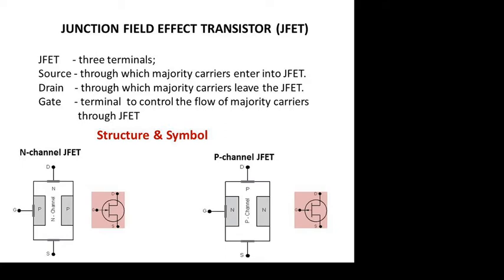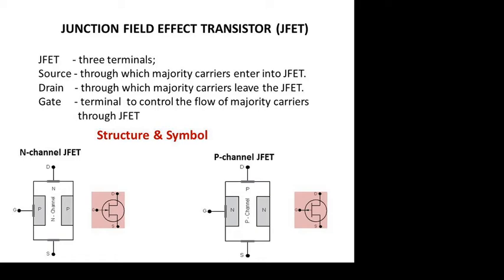So there is a junction between P and N, so it is the junction field effect transistor. Source is the one through which the majority carriers enter into the JFET, and drain is the one through which the majority carriers leave the JFET, and gate is the one which controls the flow of majority carriers inside the channel. So this is the symbol of the N-channel JFET.